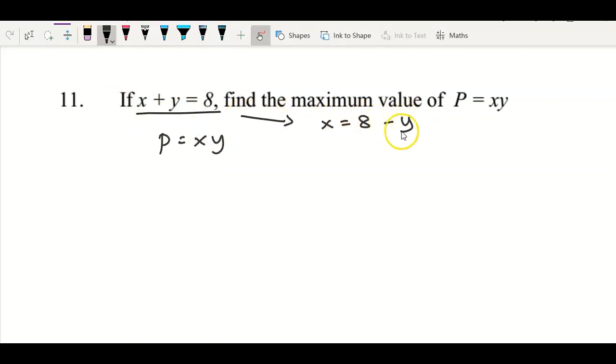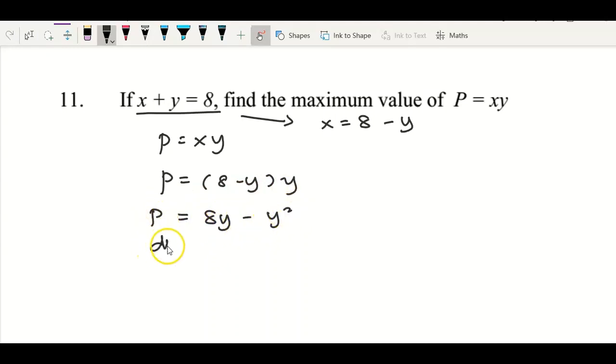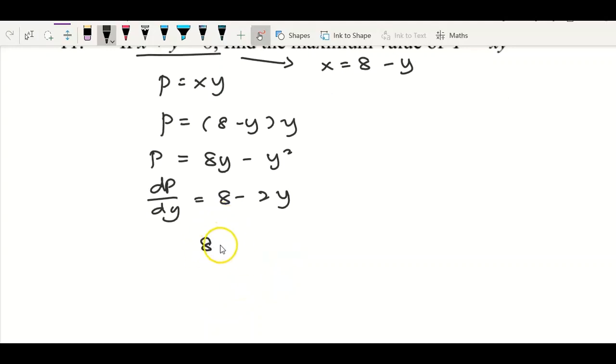I get 8 minus y. Substitute x as 8 minus y, then all your P will be in a single variable, that is only y. Then get your dP dy. You have 8 minus 2y. To get the maximum value of P, you equate your dP dy equals 0 and solve for y. You have y equals 4.